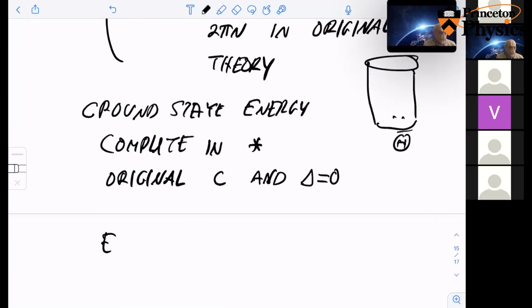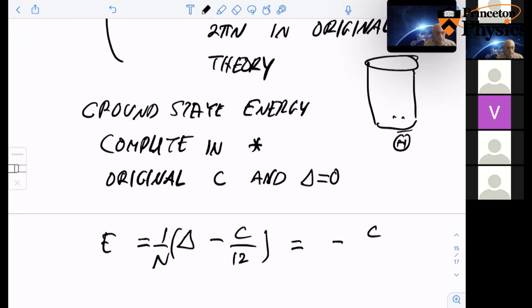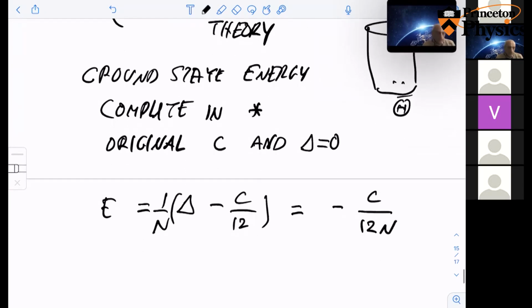So the energy is, well, it's 1 over n times delta minus C over 12, minus C over 12n. So that was the computation in the original theory on a big circle.